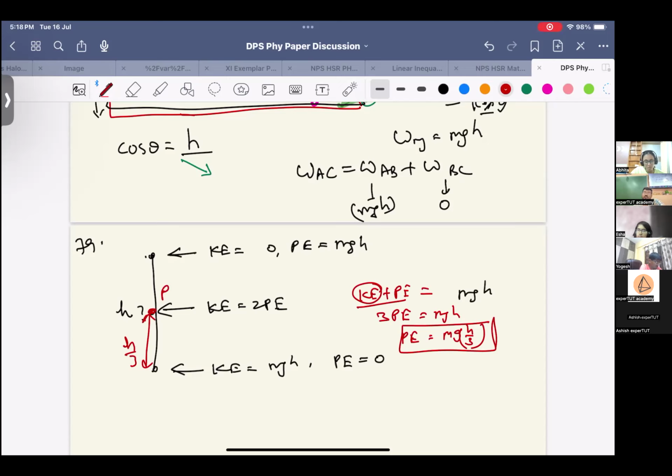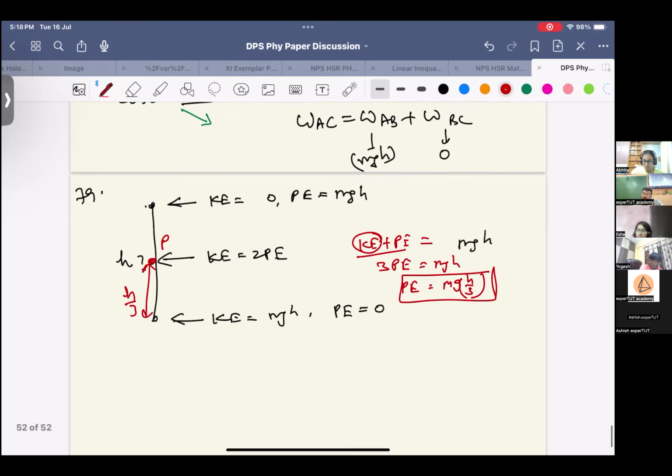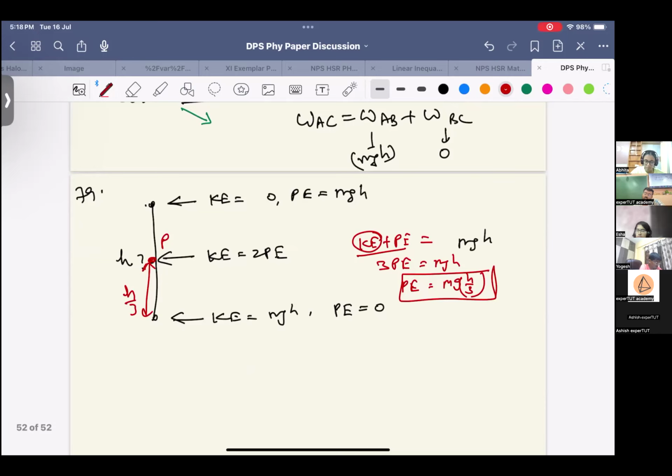Yes or no? Yes. Now, how will you find the KE at this point? It's very simple. Just put PE in this equation, PE is mgh by 3. So you will get KE is equal to 2 by 3 mgh. Because this will go that side. And what is KE? It is half mv square equal to 2 by 3 mgh. V square is equal to 4 by 3 gh.